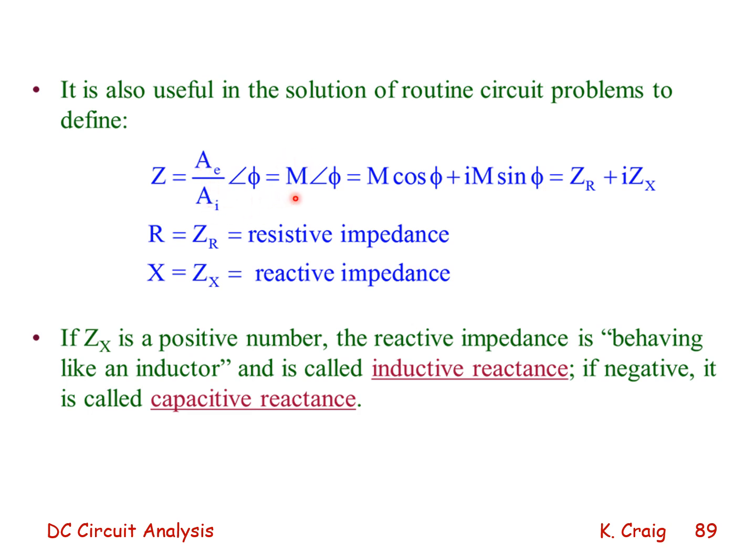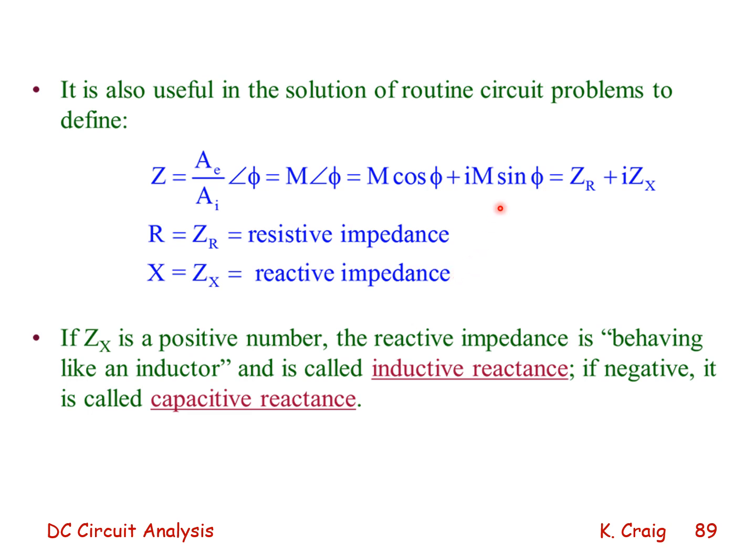So a magnitude and a phase angle. The real portion of the magnitude is called the resistive impedance, as it has to do with resistance. And the imaginary part has to do with either the capacitance or inductance. And we call that the reactive impedance.